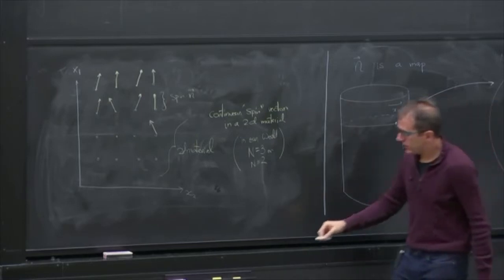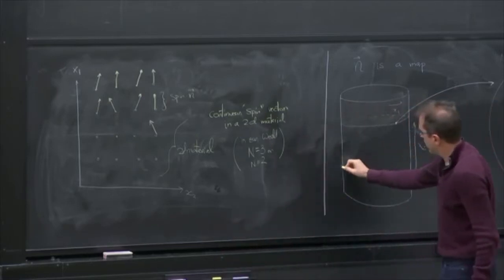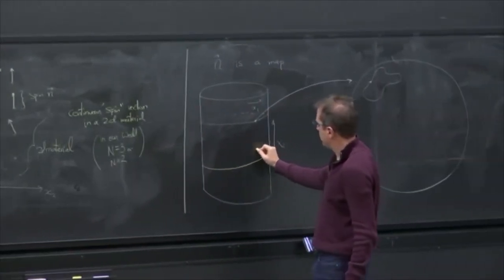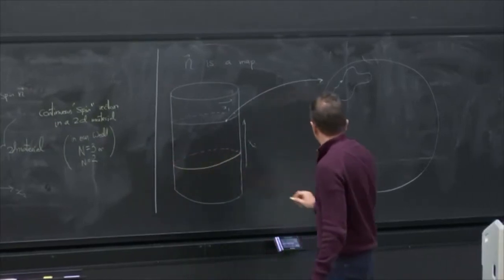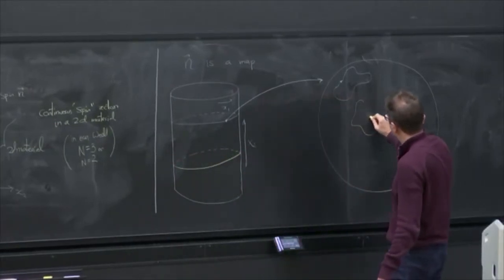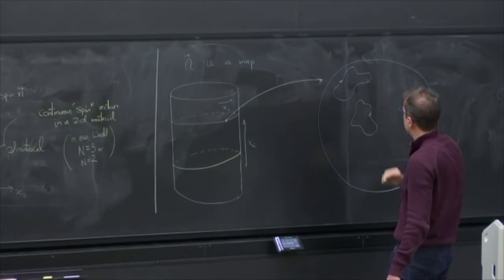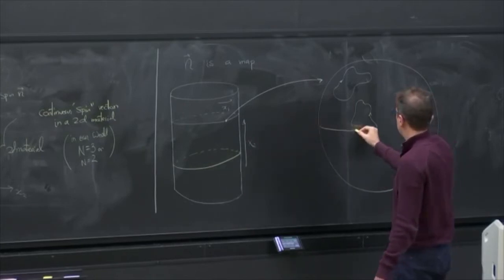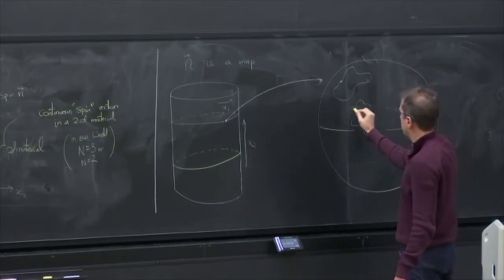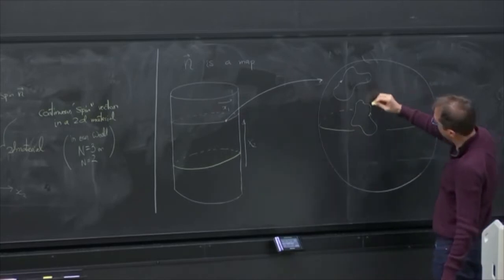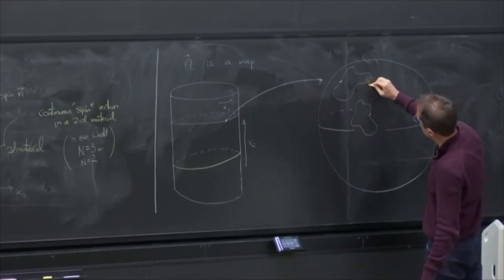What about at some previous time? At some previous time, this line here would be mapped to a different loop here in the sphere. And so what's happening is that I have a string that is moving in time.